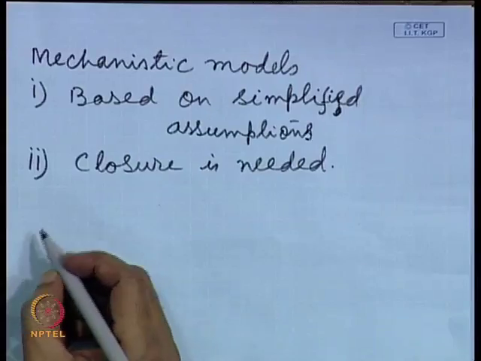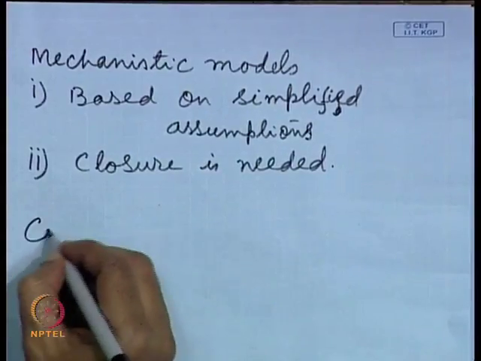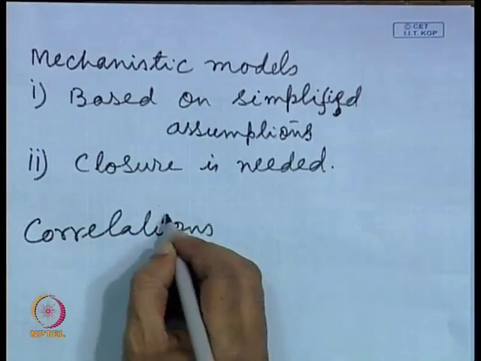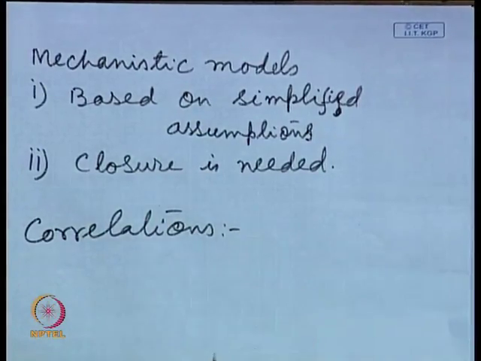So, these models are done and used, but people also go for correlation kind of prediction. Now, the type of correlations I will discuss are not very blind black box kind of correlations. A correlation will be successful if the basic physics is reflected in the correlation.